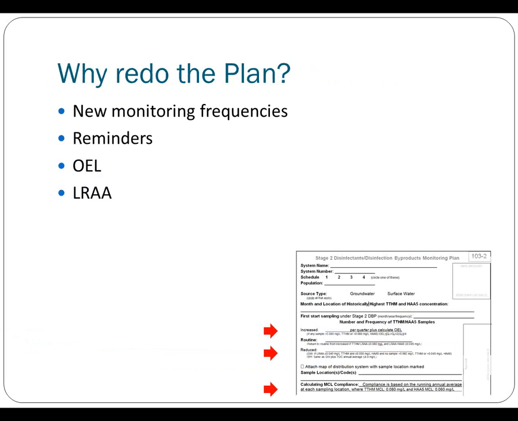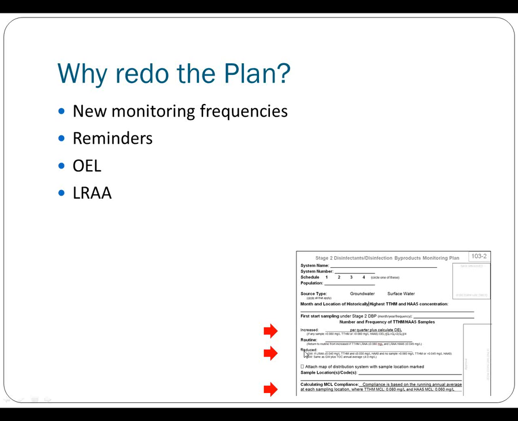You may be wondering, why do you need to redo your plan? Wasn't the Stage 1 plan good enough? So under Stage 2, some of the monitoring frequencies have changed, and that will be reflected on your plan: increased, routine, reduced.